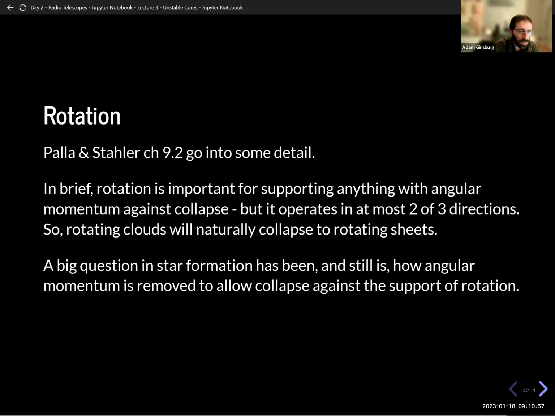And then, okay, I think I'm getting closer to finally. Rotation is a big deal. This is how we get to disks eventually. Rotation will support any object that has angular momentum, but just like the gravitational field, it only operates in two directions, not the third.